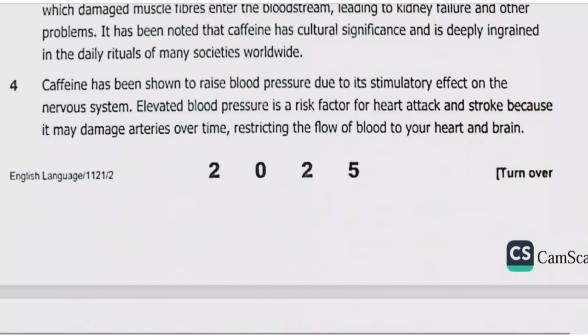Okay, come to paragraph 4. Caffeine has been shown to raise blood pressure due to its stimulatory effect on the nervous system. Elevated blood pressure is a risk factor for heart attack and stroke because it may damage arteries over time, restricting the flow of blood to your heart and brain.